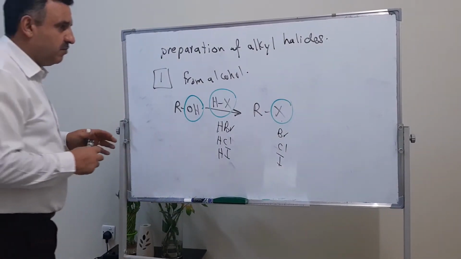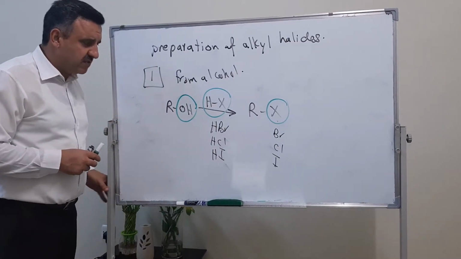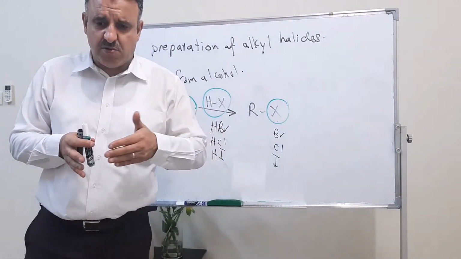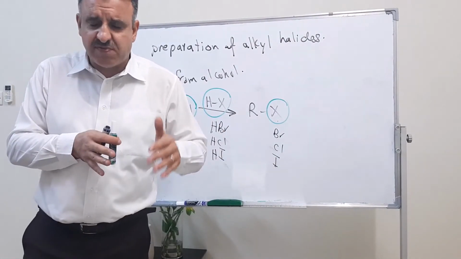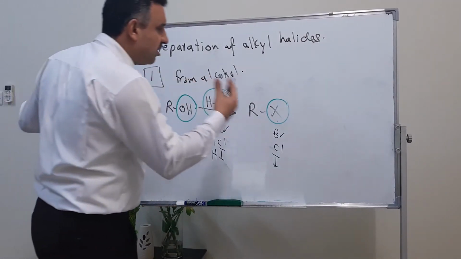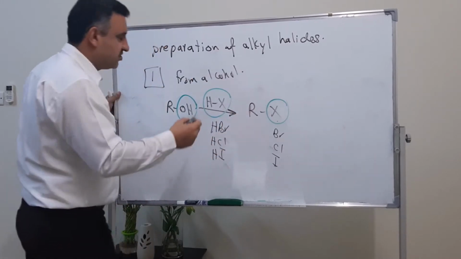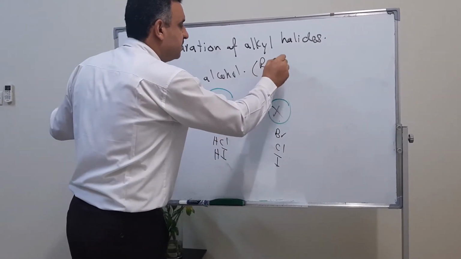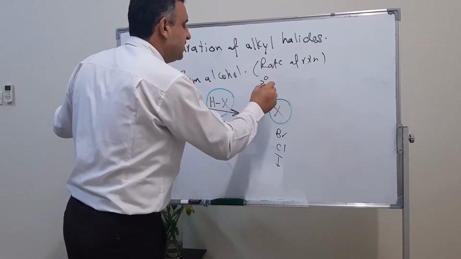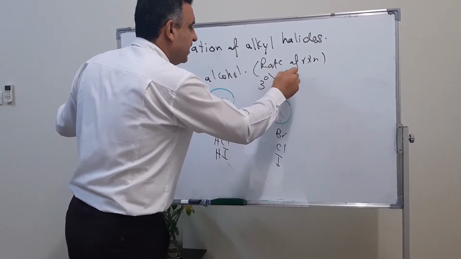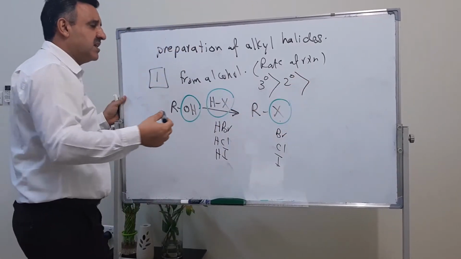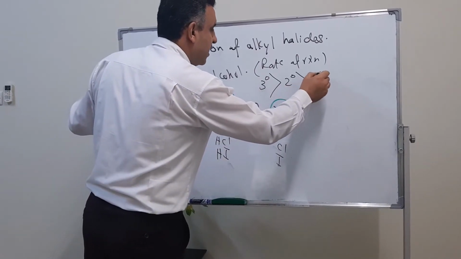Now, the weakness or simply the disadvantage of this method is that there is a variation of the rate of the reaction. In other words, this reaction is good for certain types of alkyl halides. So the ease of reaction, or the rate of reaction, will be tertiary alcohol faster in reaction than secondary, faster in reaction than primary.